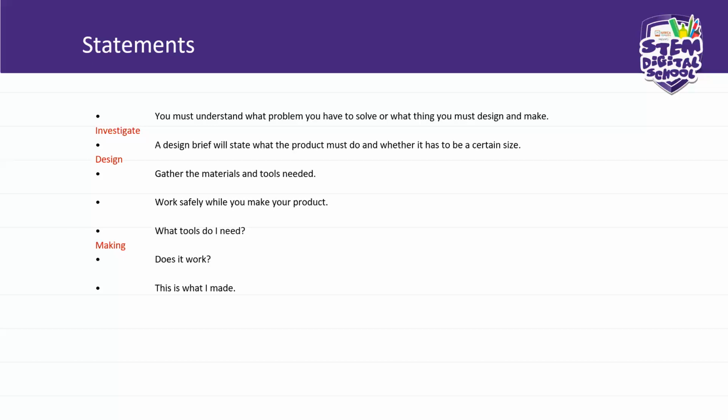Gather the materials and tools needed. Which stage is that? Where you gather the tools and materials needed. Which stage of the design process is it where you gather the tools and materials needed?